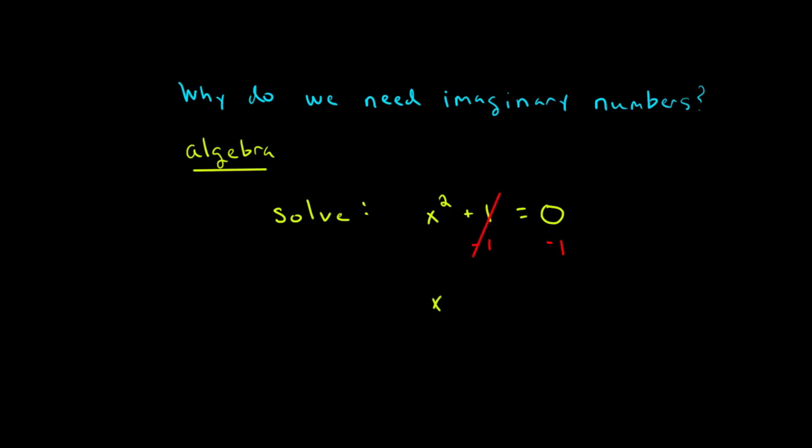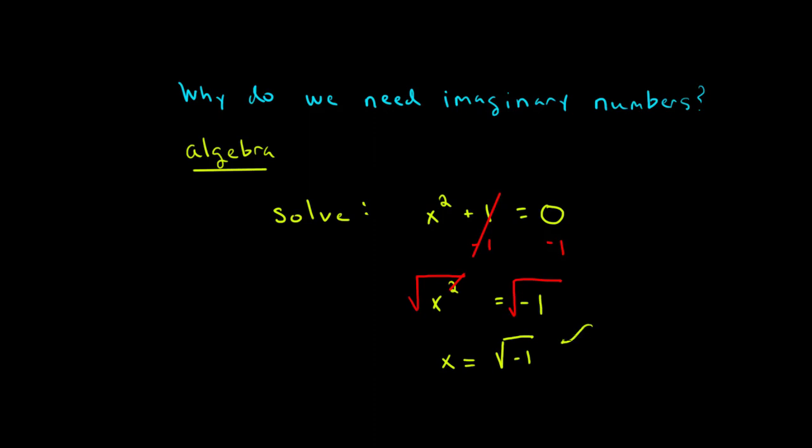So then we'll have x squared equals negative 1, and I hope some of you see where this is going. To cancel out that square, we have to take the square root of both sides of this equation. And when we do that, the square root and the exponent to the second power cancel, and we're left with x equals the square root of negative 1. And there's our problem.